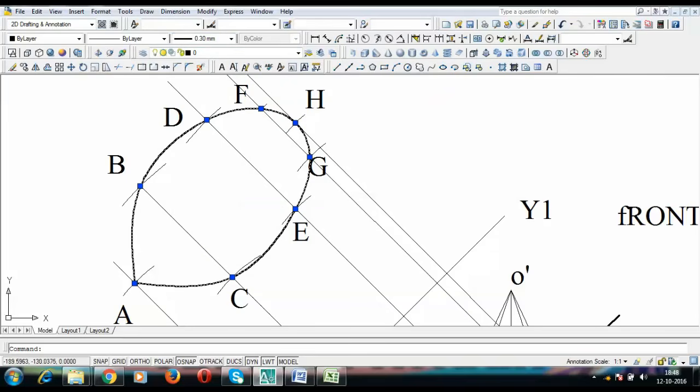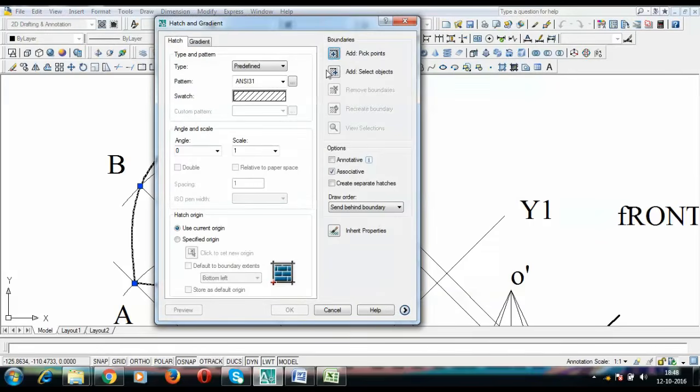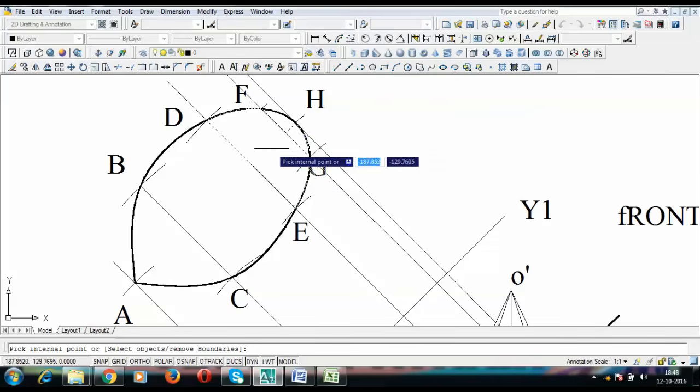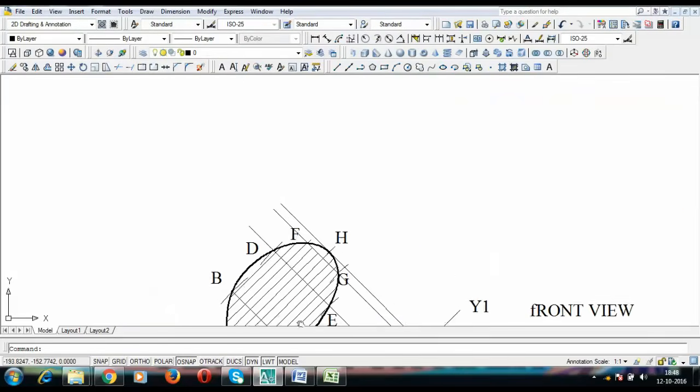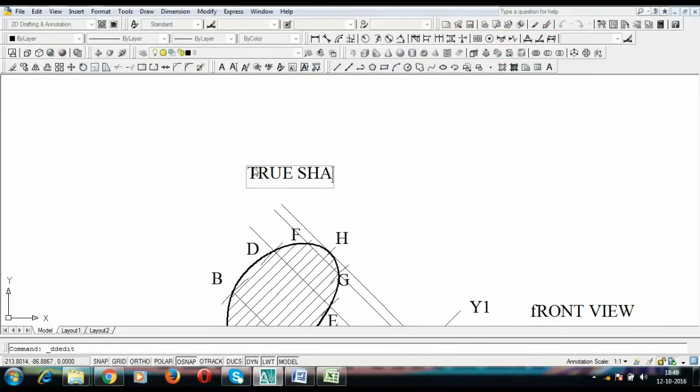Let us darken this, and now finally I'm going to hatch this. Let us pick points, and that's it. This is what you call the true shape of section.